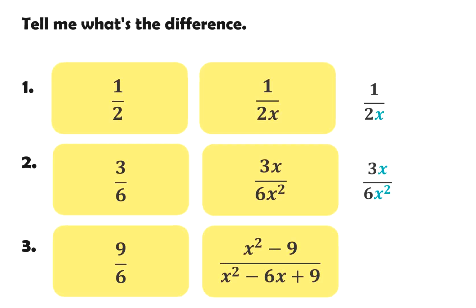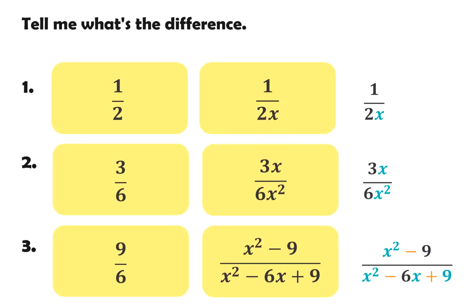Now, kung dito sa number 3, ang sagot nyo ay meron siyang variable na x squared, 6x, tapos, meron siyang subtraction. So, sa numerator, may subtraction sign. Sa denominator, may addition sign. So, yun yung difference niya.